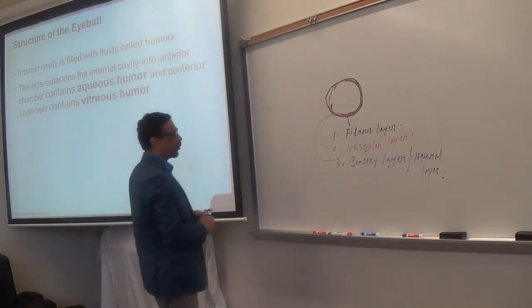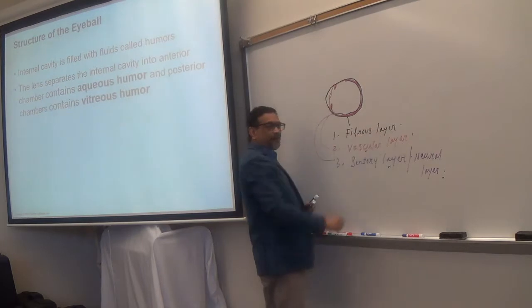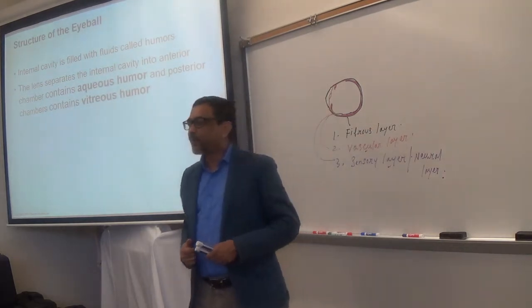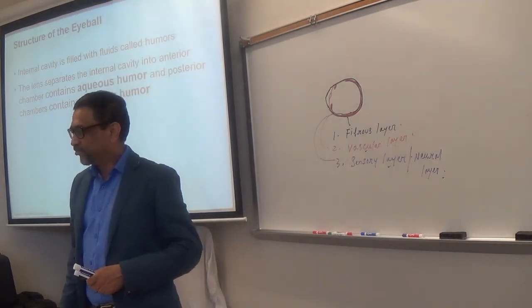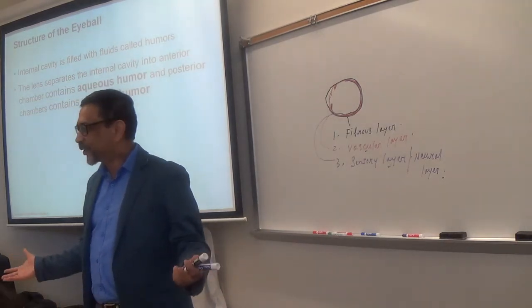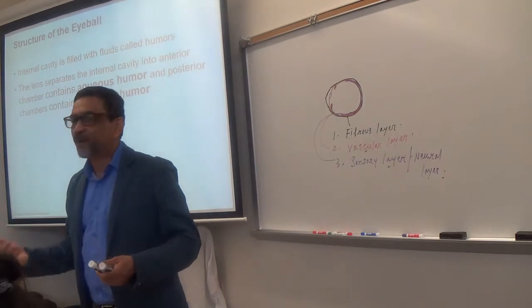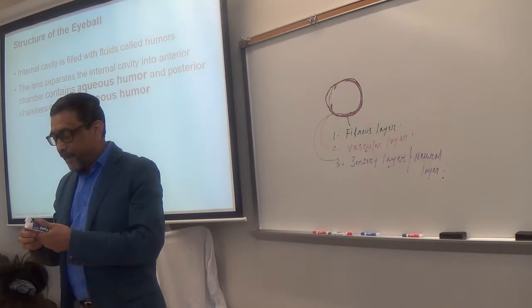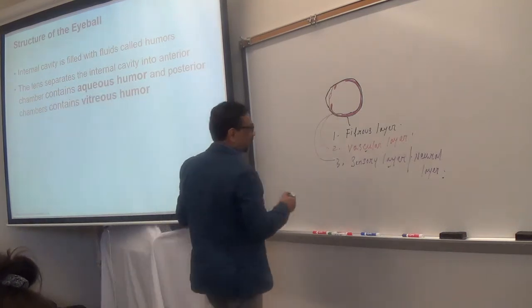Now we'll see the outermost. If I ask you a simple question, among these 3 layers, which one protects your eyeball? Fibrous, because that's the outermost, right? So outermost layer is the fibrous layer that protects the eyeball, and it is the toughest layer.